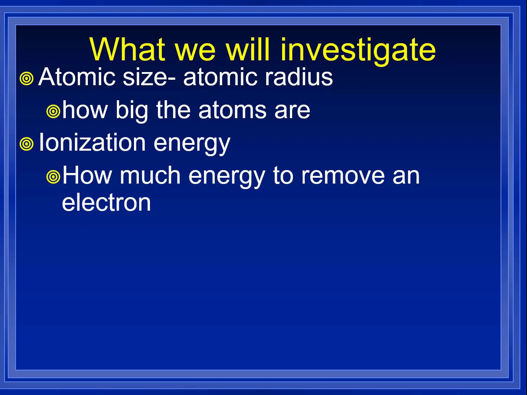You turn it into a gas first, and then you try to take the electron off of it. So the more attracted the electron is, the bigger the ionization energy would be. You'd have to put in more energy to tear it apart. The less attracted it is, the lower the ionization energy is. So ionization energy is a measure of how hard that electron is being pulled on. Okay.